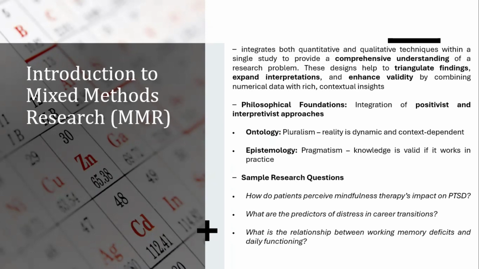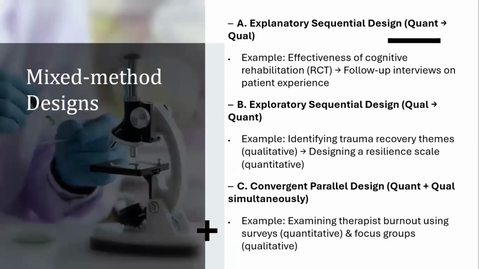Yes. All right. Now, let's look at different mixed method designs. If you are going to do mixed method, what design are you going to do? There are three key designs in mixed method research. The first one is explanatory sequential design. The second one is exploratory sequential design. And then we have convergent parallel design.